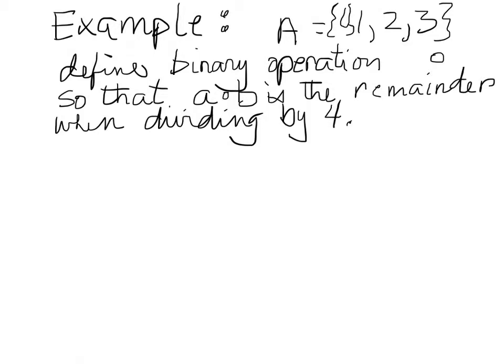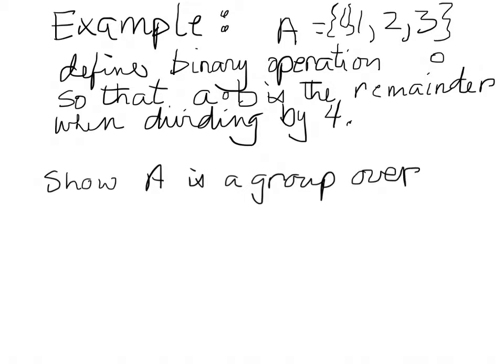So now we're going to do an example, and we want to show that A is a group over the operation little circle. So here's our example. We have a set A, which is the elements 0, 1, 2, 3.